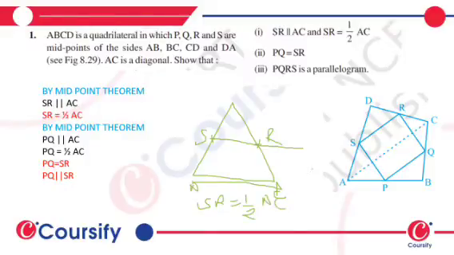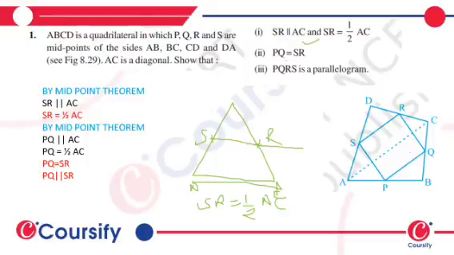So by the midpoint theorem, SR is parallel to AC because two midpoints are joined together and the line formed by these two midpoints is parallel to the other side. Another property of the midpoint theorem says that SR is half of AC. So this part is done just by definition.